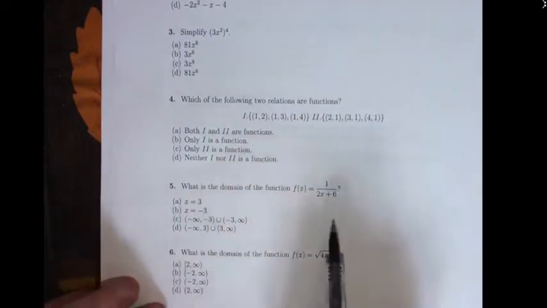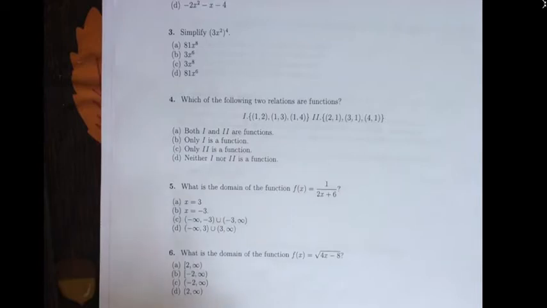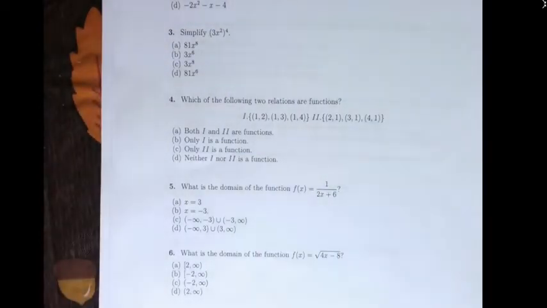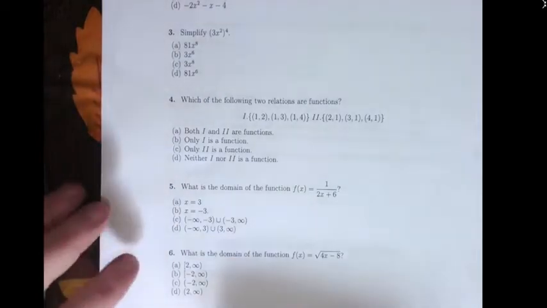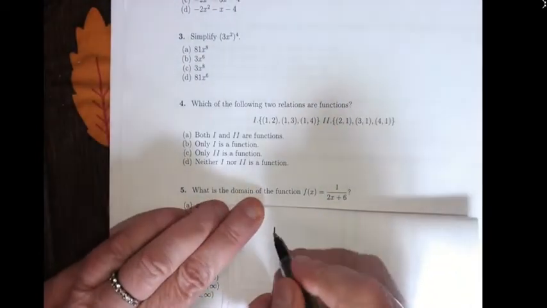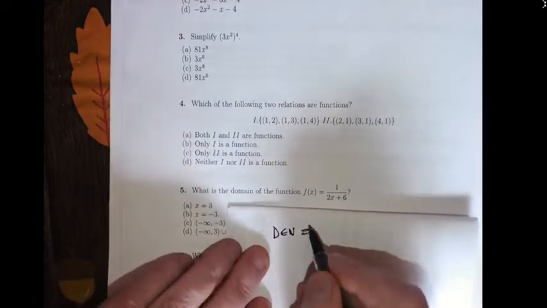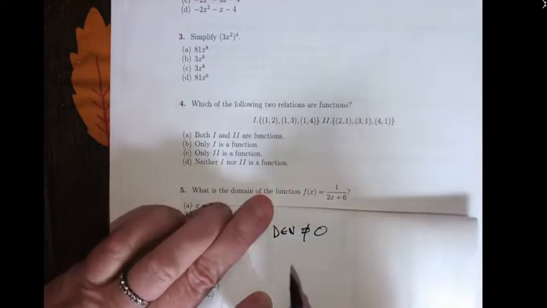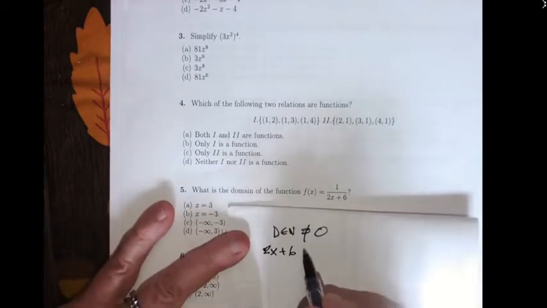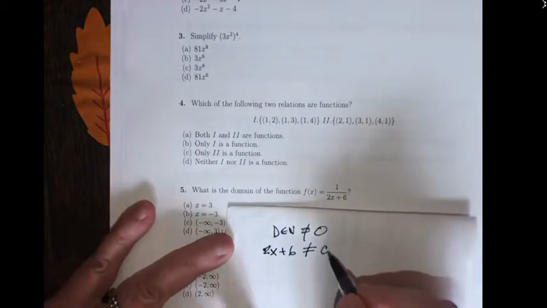All right, what is the domain of this function? Well, in a fraction, you are not allowed to have the denominator be equal to 0. So the denominator, which is 2x plus 6, is not allowed to be 0.